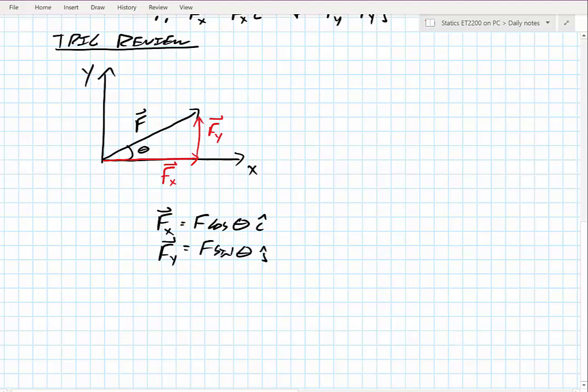So hopefully remember your SOHCAHTOA, and you don't have to go back and say SOHCAHTOA every time, but instead you can identify which component will be your cosine, which one will be your sine. Now, as far as this theta, and if you're going to automatically use cosine or sine, you're fine as long as this theta, this angle, is measured from this positive x-axis in the counterclockwise direction.